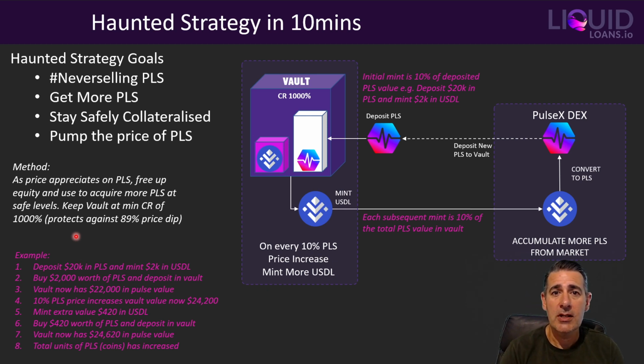What you generally see is price step down over a period of time, and we've just witnessed this in Hex, a 72, 75% pullback. That wasn't in one day. That's taken probably 60-odd days to play out, probably even more. What that means is you've got plenty of time to react and adjust if you're keeping an eye on your vault and you've got some monitoring set up so that it's sending you messages and you know where your collateral ratio sits.